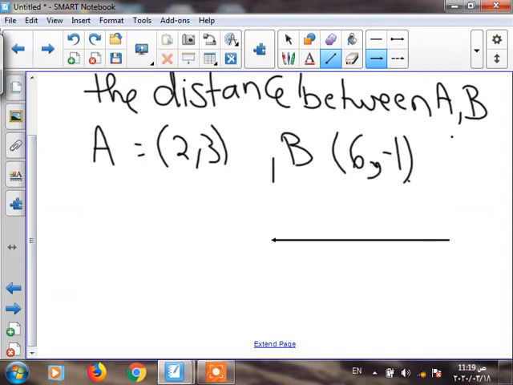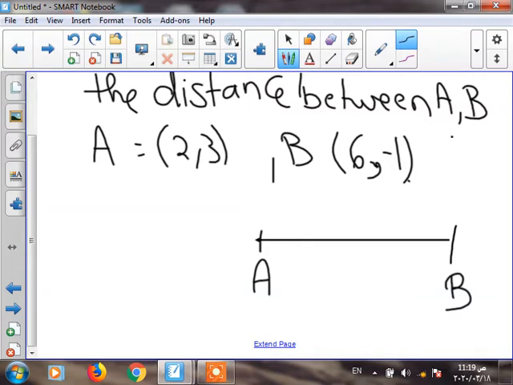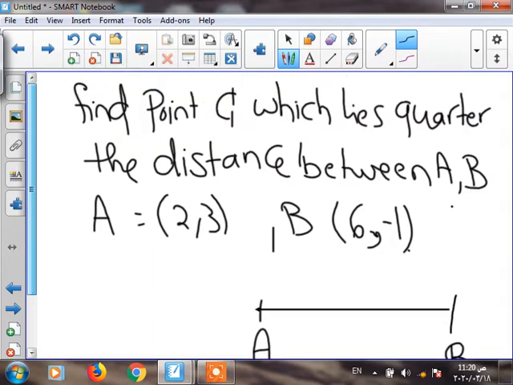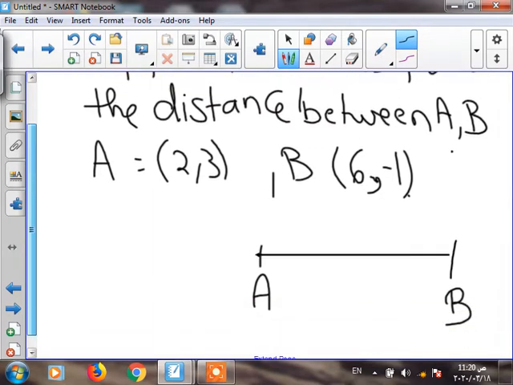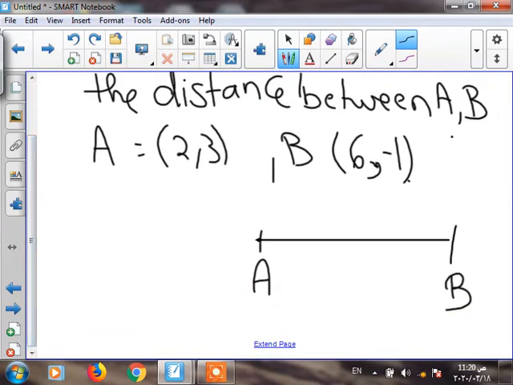If this is A and this is B, and we divide into 4 equal parts, we just need 3 points inside. So find the point C, a quarter of the distance. A quarter of the distance means 4 parts.